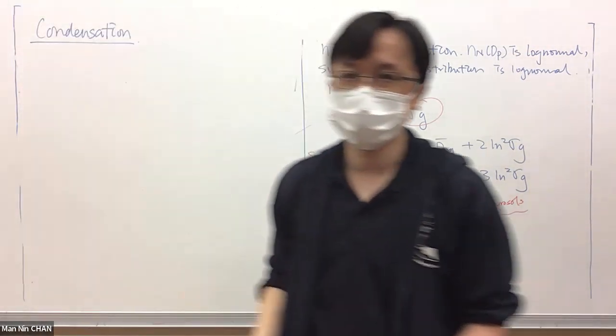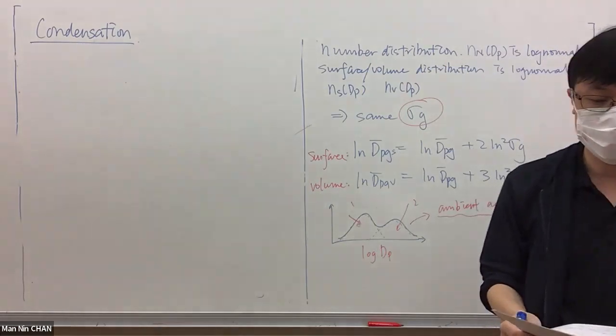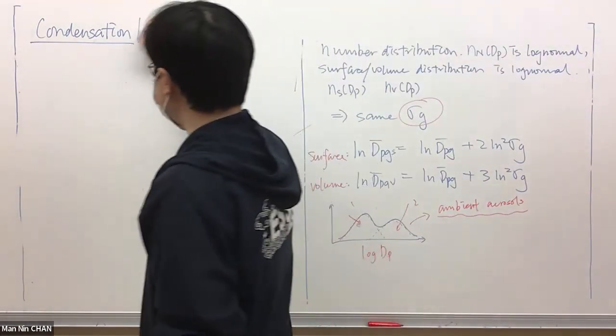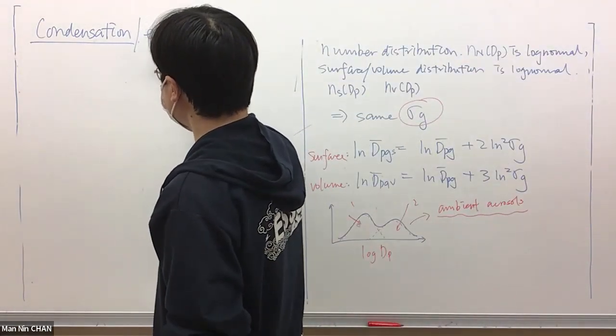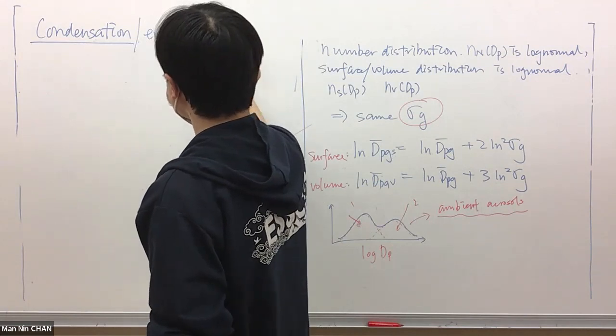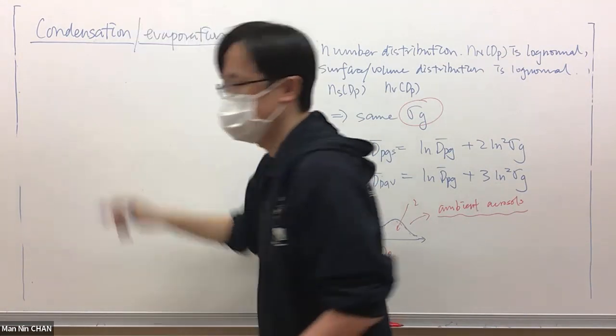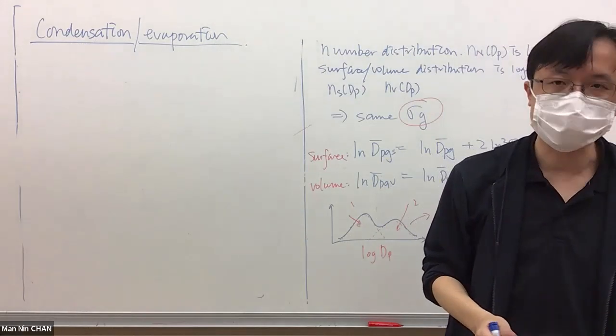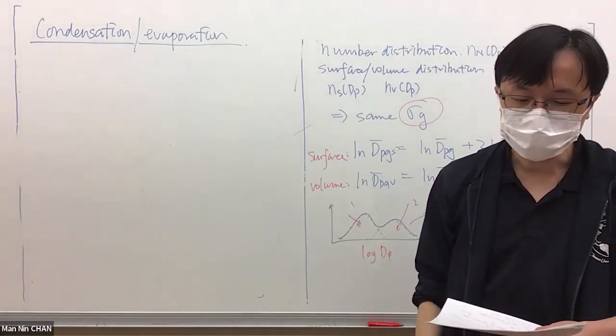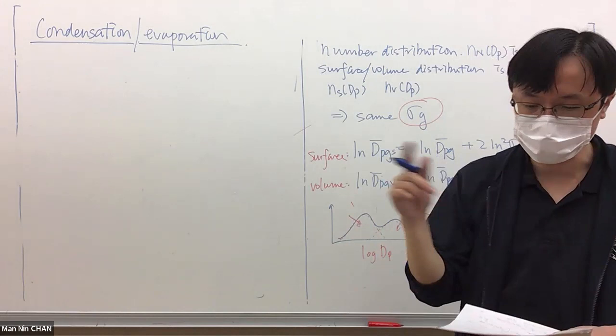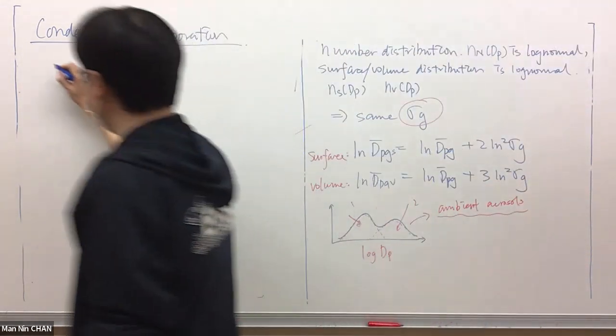So of course, you can also apply these for evaporations. Because in this class, we just talk about using the condensation, and then to see how you will change your aerosol population.